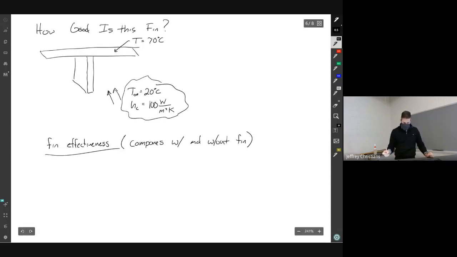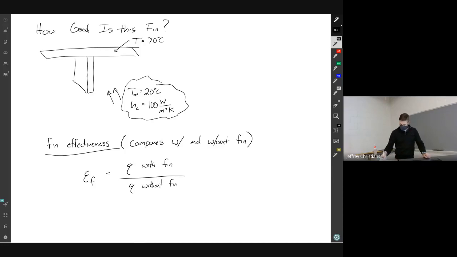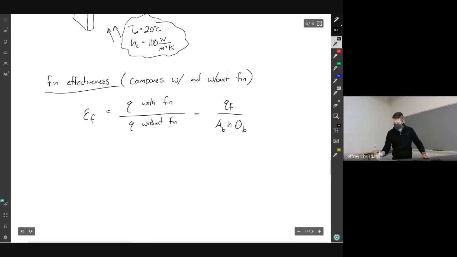So our effectiveness, epsilon F equals Q with fin divided by Q without our fin, right, which is equal to Q of our fin divided by the area of the base times h theta B. So that would be just convection at the fin base.